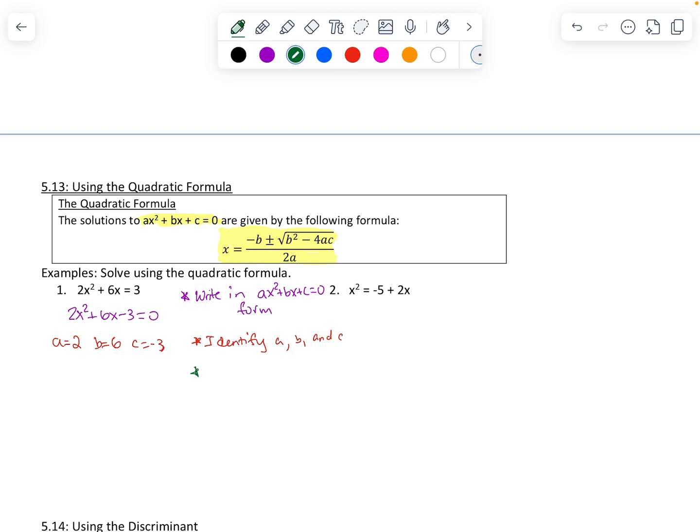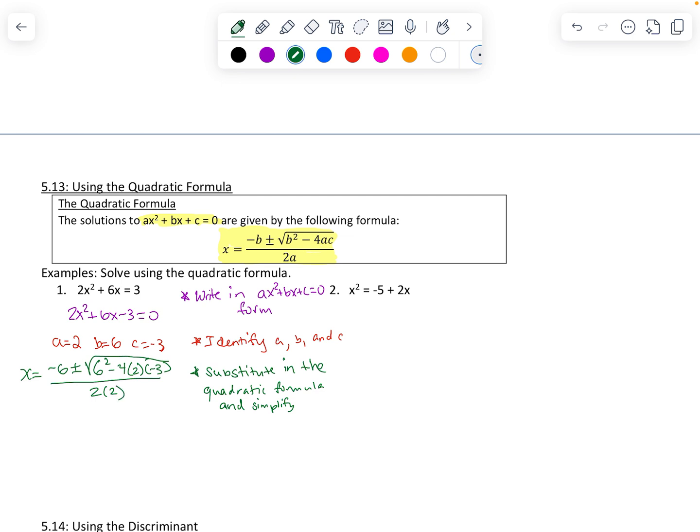And the next thing that you're going to do is substitute into the formula and simplify. So it's going to be x equals negative 6 plus or minus the square root of b squared, which is 6 squared, minus 4 times 2 times negative 3, all over 2 times 2.